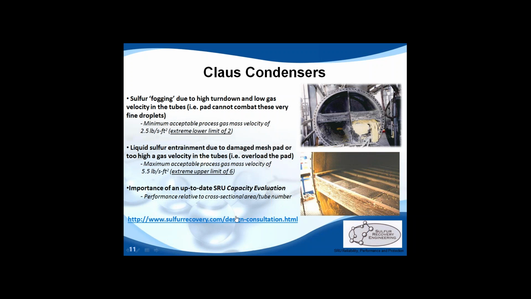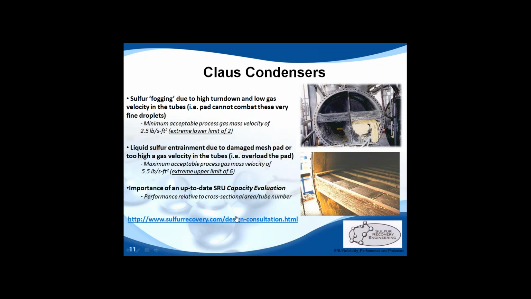The importance here is to get updated flows everywhere in our process. We would work with our client with equipment drawings such that we can calculate process gas mass velocities. It's a function of cross-sectional area and tube number.